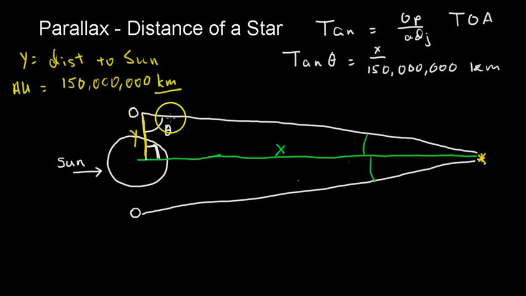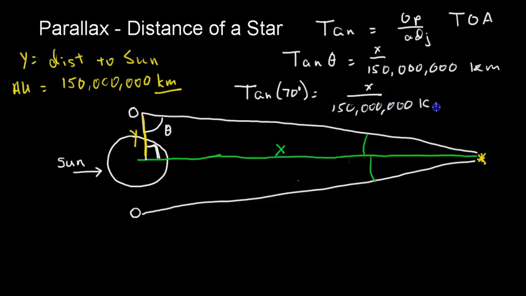Okay, because it's going to be a pretty big angle. It's going to be close to 90 degrees because this star should actually be way, way off the screen. All right, so let's just call it 70. So tangent of 70 degrees equals x over 150 million kilometers.